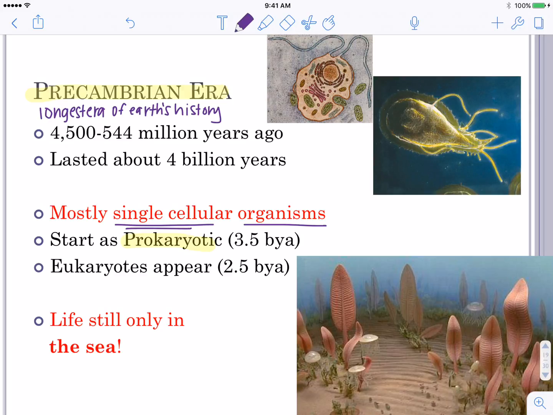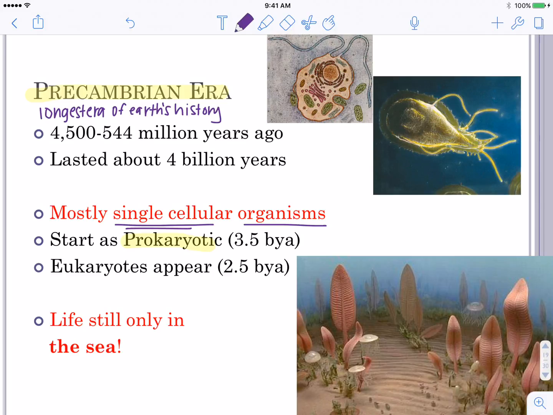During this time frame, it was mostly single cellular organisms, meaning only bacteria, small stuff. All of it was in the sea. We didn't see any organisms move on to land yet, and prokaryotes were kind of ruling the world.